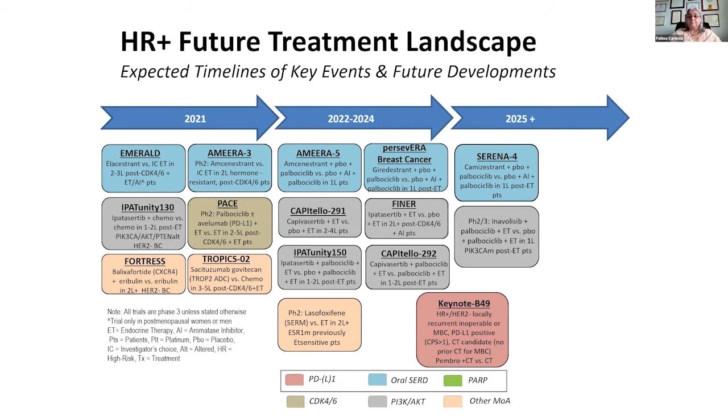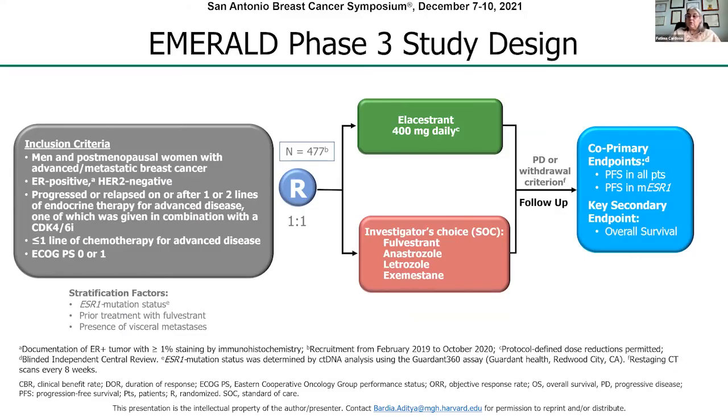One of them is a different type of endocrine therapy called an oral SERD. Fulvestrant is a SERD. What does SERD mean? It's a modulator of the estrogen receptor, but it also destroys the estrogen receptor.